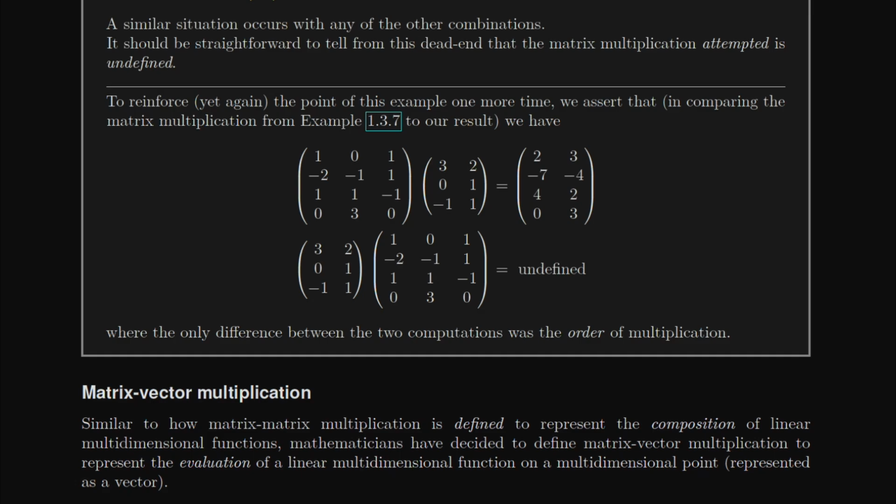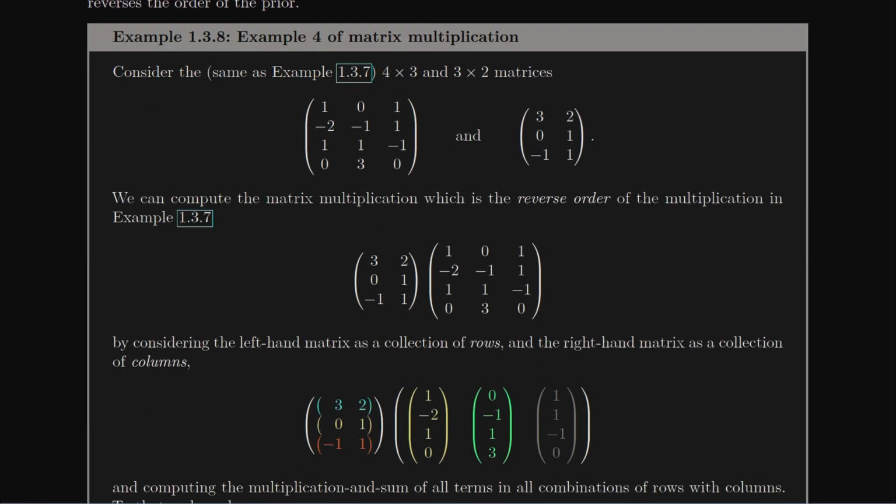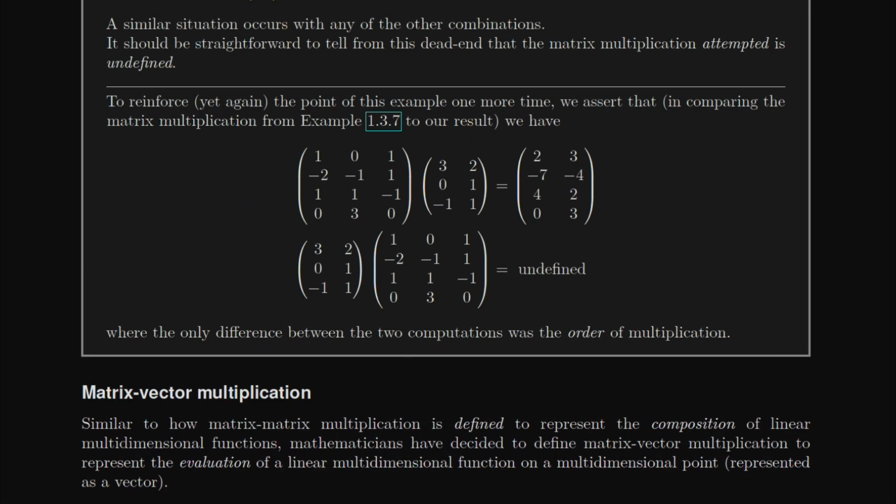If you decide to go in the reverse order, so if we put this one on the left and this one on the right, we have a 4 by 3 matrix and a 3 by 2 matrix. Because these 3's are equal to one another, when you perform the matrix multiplication, those are happy. In fact, they end up disappearing because you're adding all those terms together, and you end up with a 4 by 2 matrix at the end here.